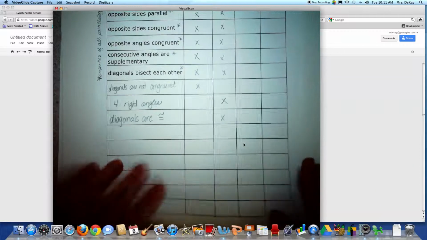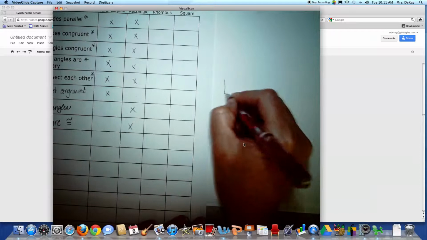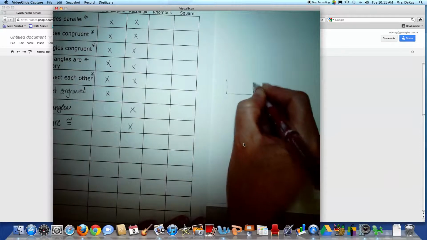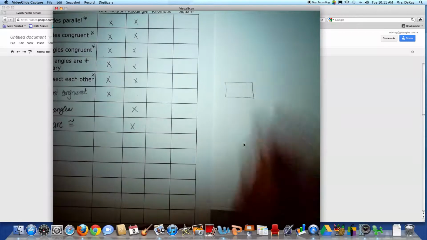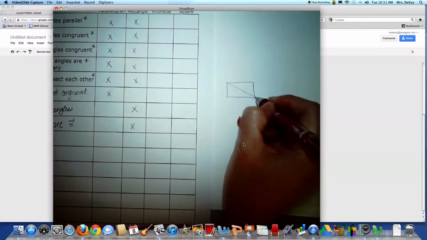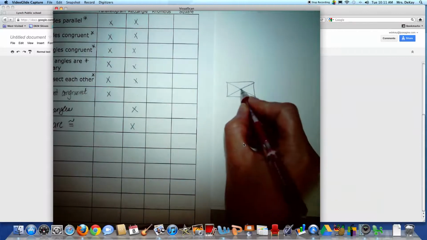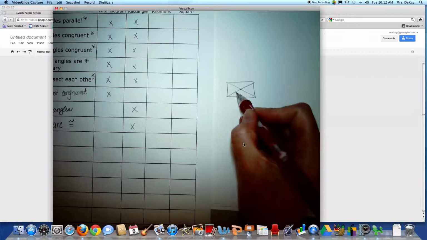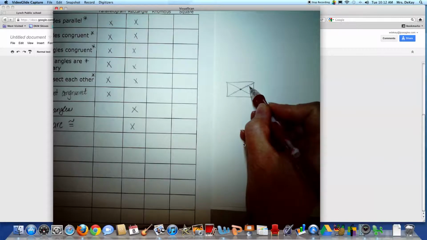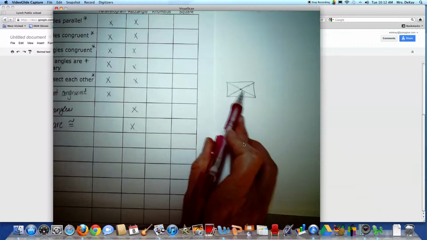Now, I'm not a very good drawer here, but I want you to think about this. If this is a rectangle and the diagonals are congruent, and I already know that they bisect each other because I've already checked that, this piece is the same as this piece, and we know this piece is the same as this piece.